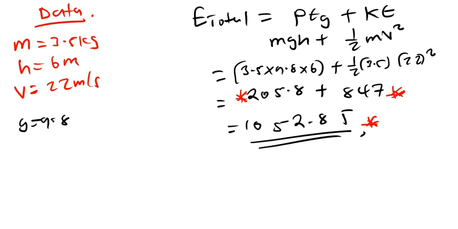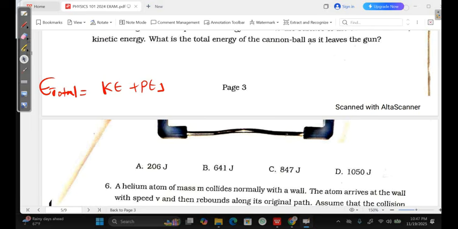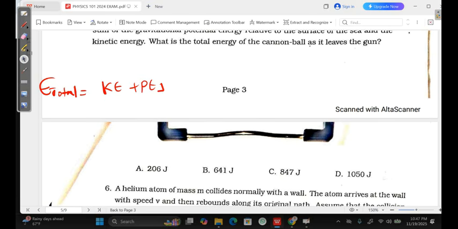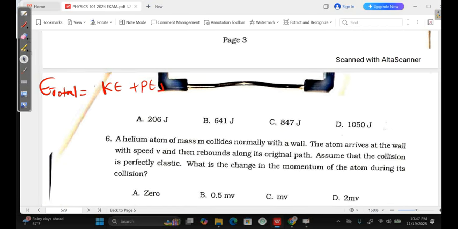So 1052.8, have you seen there is even 205, and 847, this is potential energy and this is kinetic energy. The correct answer should be D, because D is closer to the 1052.8 joules we found. That's the answer.